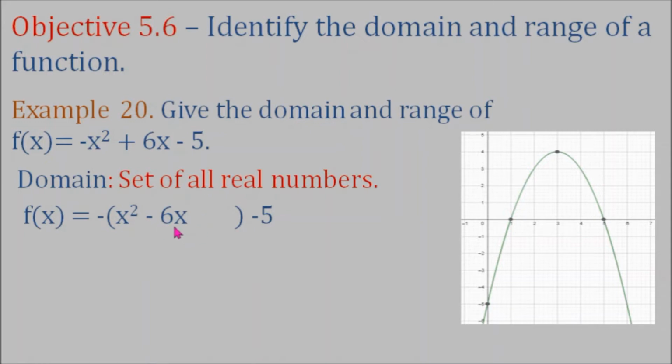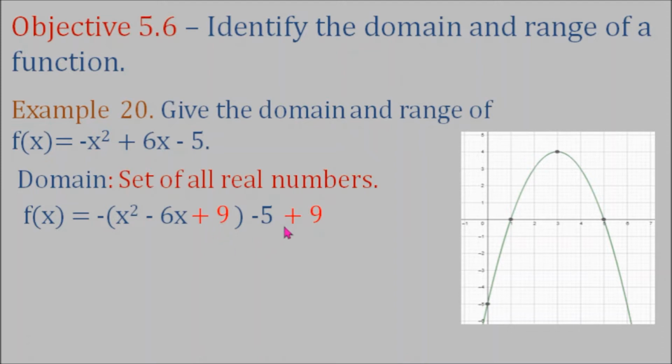To complete the square, we are going to find half of 6, which is 3, and square it. So 3 times 3 is 9. So we add 9 here, and we also have to add 9 outside. Why not subtract 9? Because if we are going to consider the negative outside here, if we multiply back, this is negative x squared, this is positive 6x, then this is negative 9. So we added literally here negative 9.